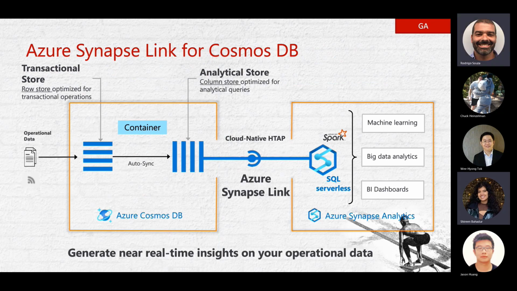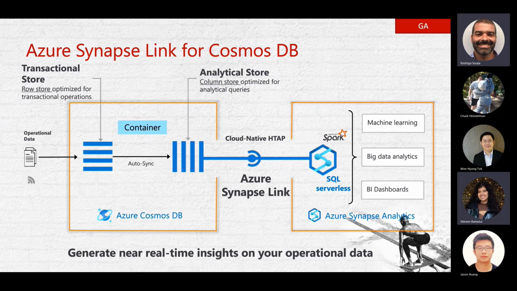So with Azure Synapse Link for Cosmos DB, we try to simplify the analytics architecture. On the left, we can see a regular application loading data into the Cosmos DB transactional store. That's the Cosmos DB regular containers, you know. And behind the scenes, for the containers that customers enabled Synapse Link, we're going to sync the data into a managed storage account. You don't need to worry about it.